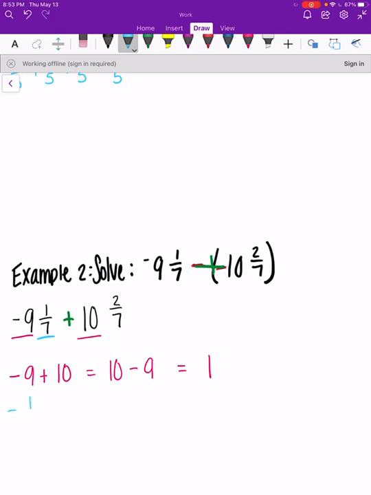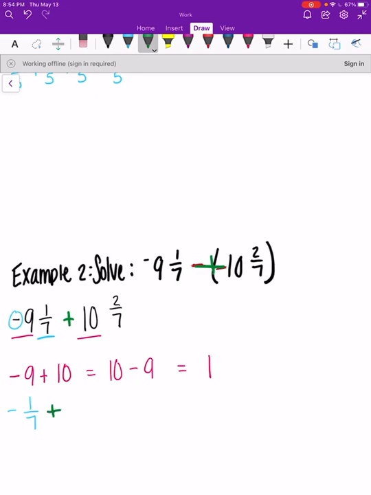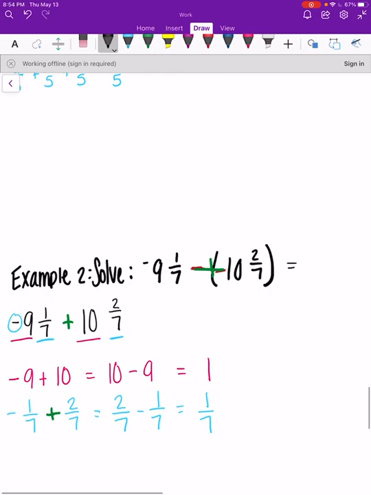So I have negative 1/7, leave that circled, plus 2/7. And again, we can think of this as 2/7 minus 1/7, which equals 1/7. So our answer here, negative 9 1/7 minus a negative 10 2/7 is 1 1/7.